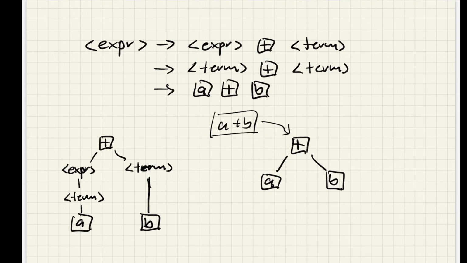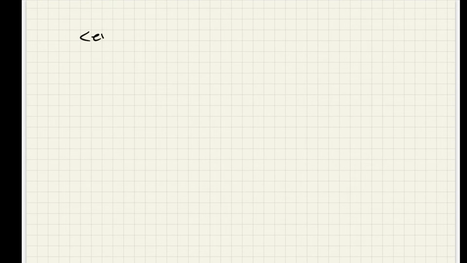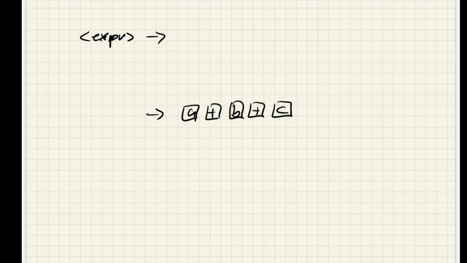Now the important thing is to see what happens if you have A plus B plus C. So basically I have to figure out how to expand an expression into, in the end, the token A, followed by plus, followed by B, followed by plus, followed by C. And I will just do this by basically trial and error, or the strategy is actually that after first expansion, this will be just an expression, followed by the plus, followed by the term, which I then replace into C. So I think here trial and error is a good approach in the beginning.